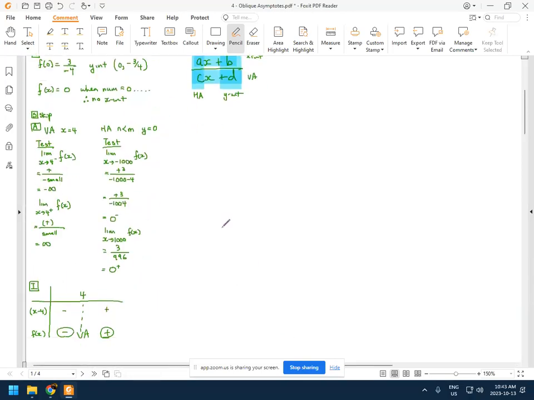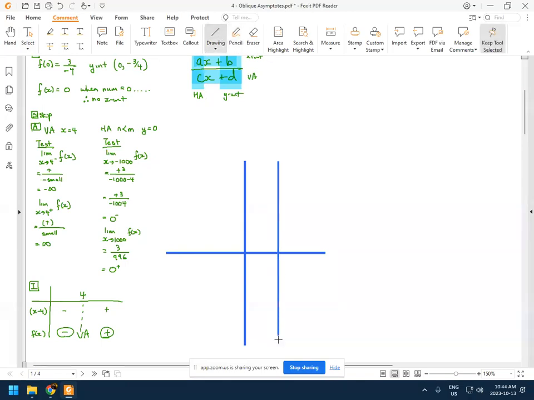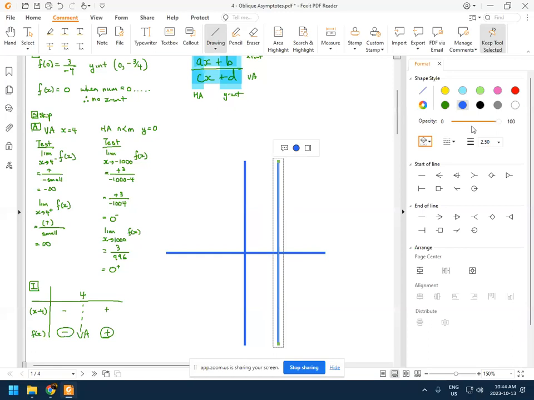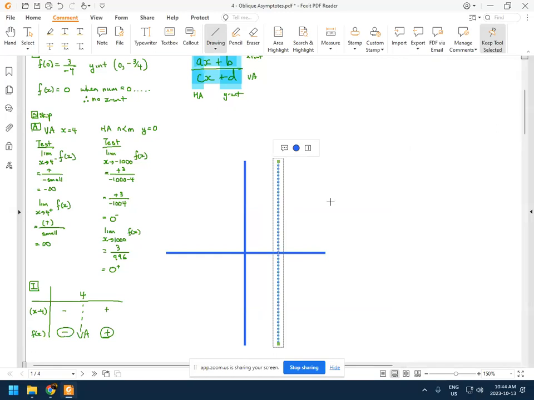Let's do it. All of this put together in a graph would be vertical asymptote at 4, and horizontal asymptote at 0.